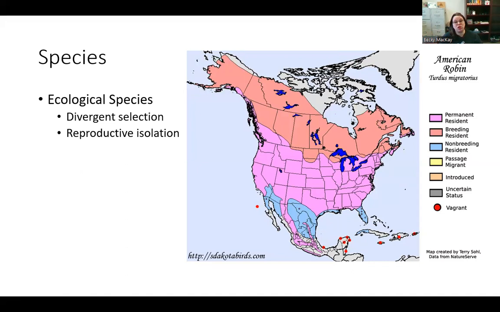That is a biological term, and pretty much that means they just kind of showed up there. They're not supposed to be there. They're the vagrants, which I just think is hilarious. So the thing about the ecological species definition is, by the biological species definition, this is one species. They all can reproduce and produce viable young. But here's the dealio.